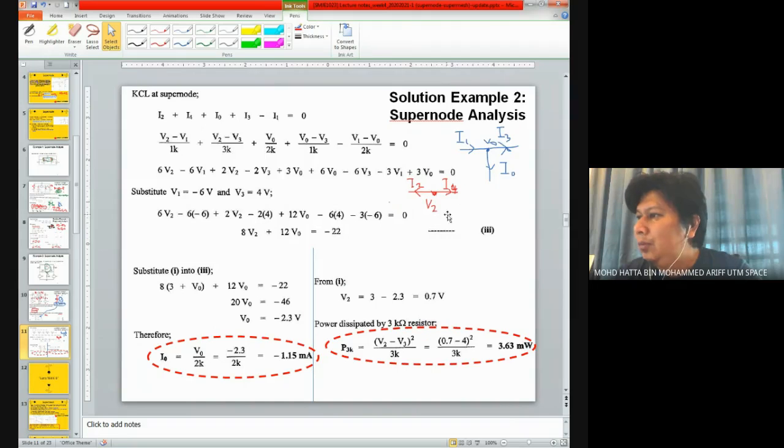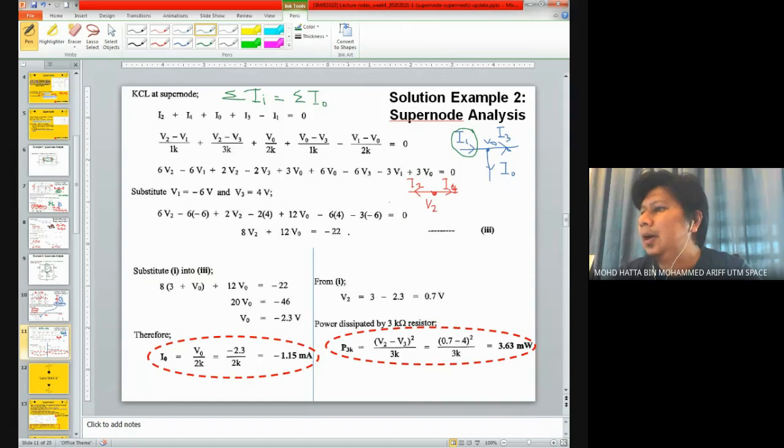So from these two circuit arrangements, we try to get the Kirchhoff current law. Kirchhoff current law is given by the sum of I in equals the sum of I out. What is I in in this case? I in this case is only I1.